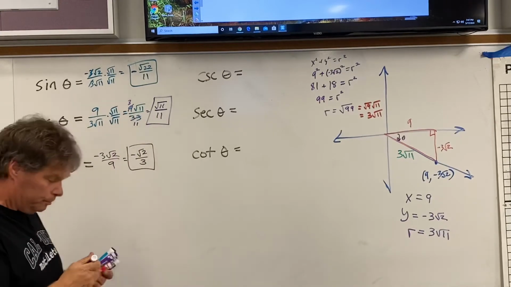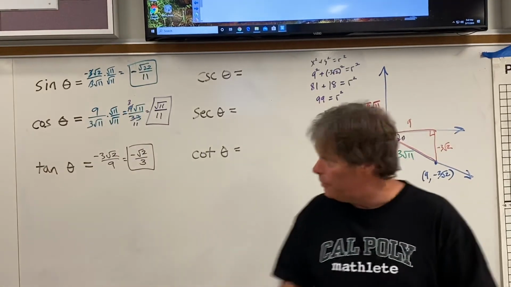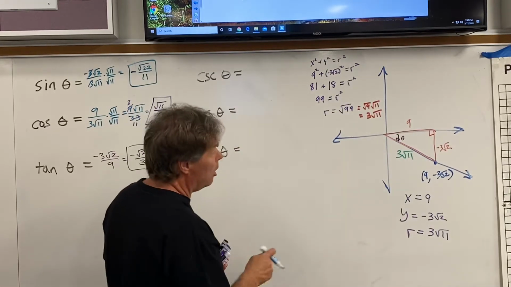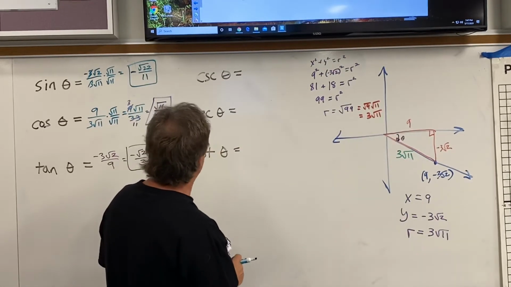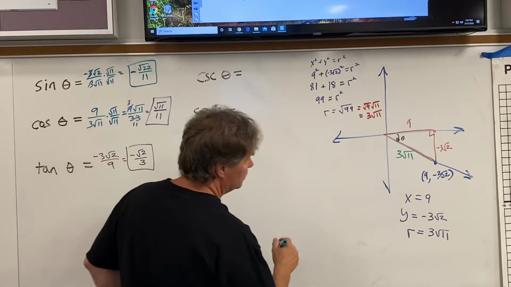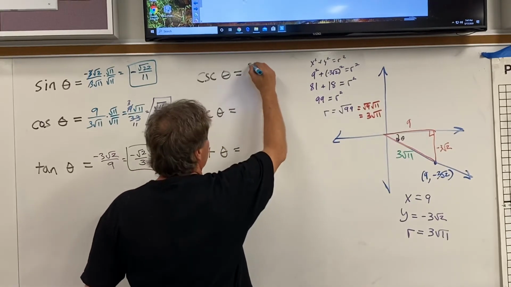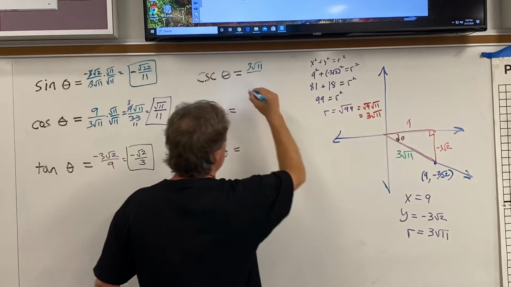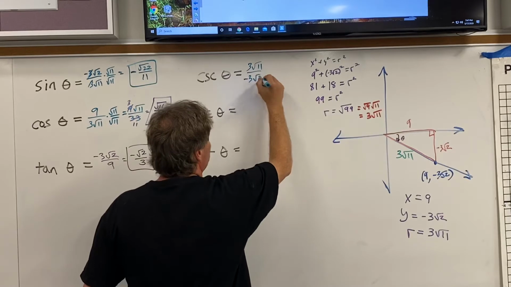And then the others are the reciprocals of those. So cosecant, let's see, cosecant is the reciprocal of sine. So it's r over y. So it's going to be 3 root 11 over y, which is negative 3 root 2.